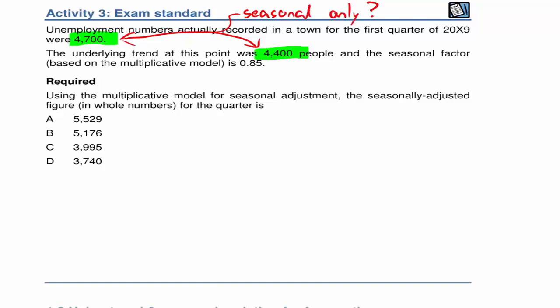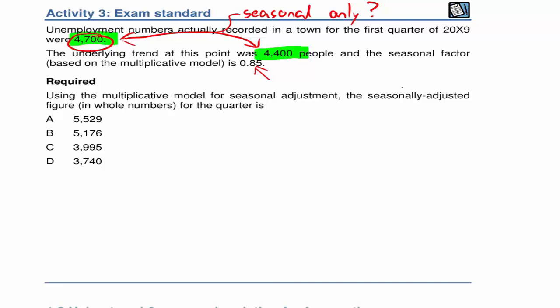Well, we can work out by deseasonalizing that actual number. So if we're told that the seasonal factor is 0.85, it means that unemployment is normally low in that quarter.